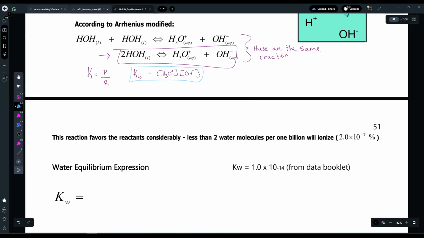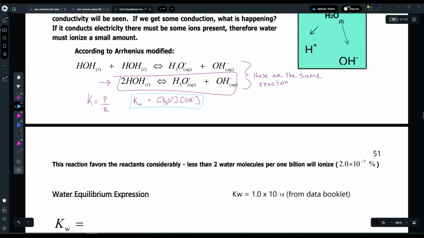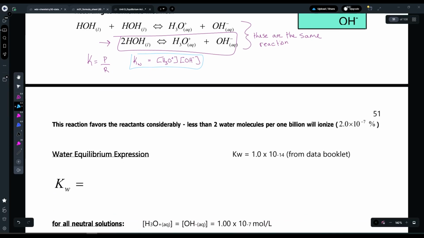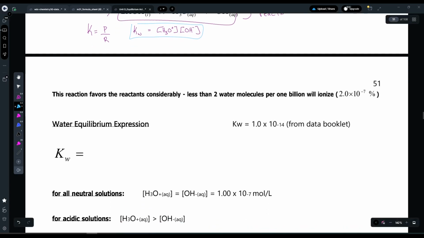Now, this reaction favors the reactants quite considerably. What that means is you're not going to get a whole lot of hydronium and hydroxide ions. Most of what you're going to have in a glass of water is just regular H2O. To put it into perspective, less than 2 water molecules per 1 billion will ionize.